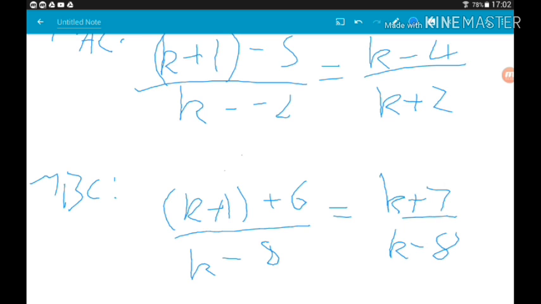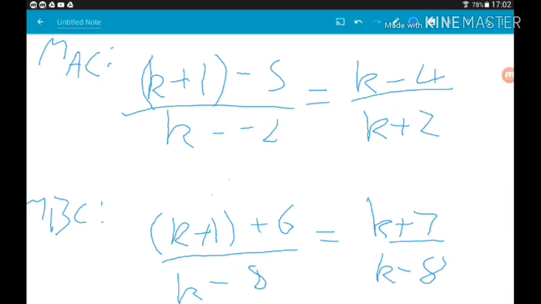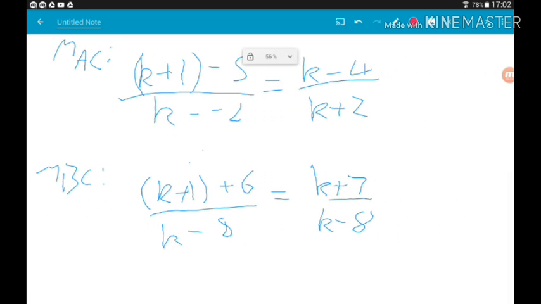So we have found the gradients of AC and BC. Because these two lines are perpendicular, if we multiply these two together, we get -1.